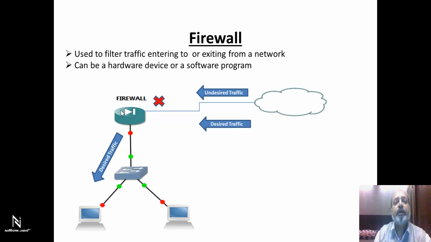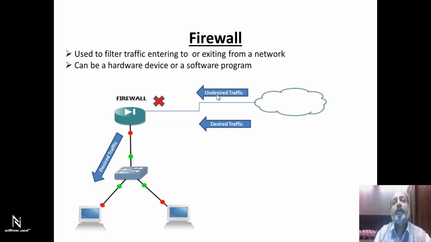So if we are following this very simple diagram, we see that this is actually the firewall, and it is seated at the gateway point or at the perimeter of a particular network, and at some other point it is connected to the internet, right? So it is basically sitting midway between the internet and a particular network, right?